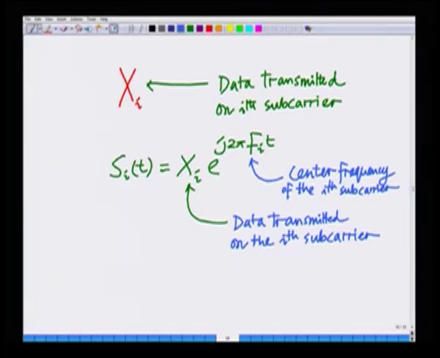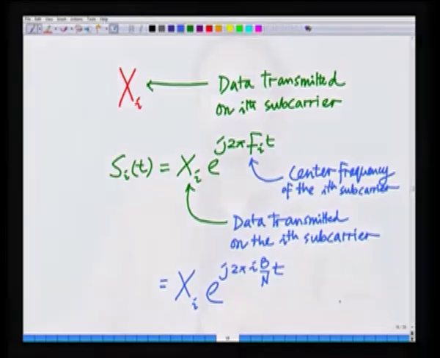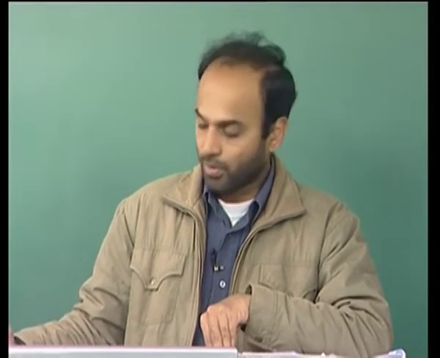So, I have n such data streams. All right. In fact, I am going to write this as xi times e power j 2 pi I B by n times t, because remember the center frequency of this subcarrier is I times B over n.